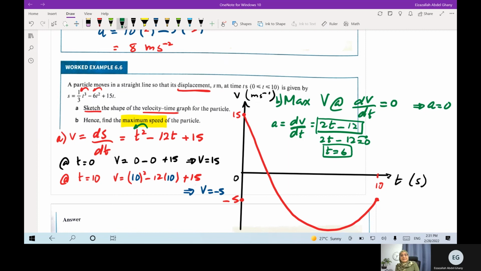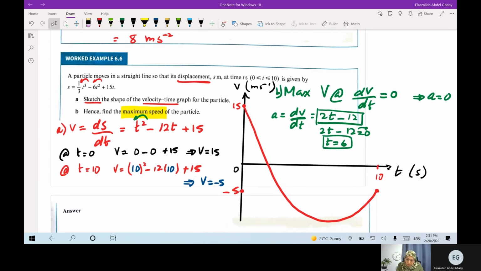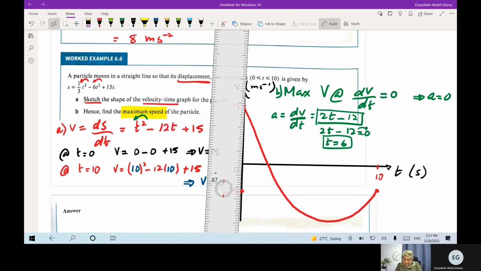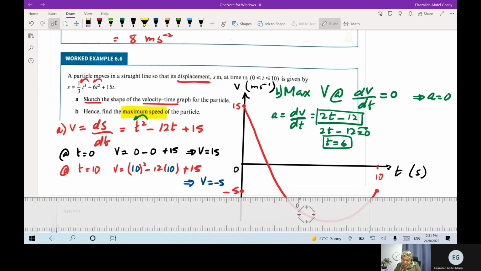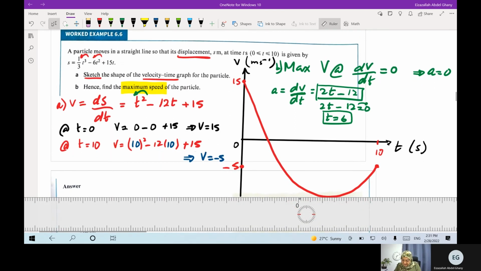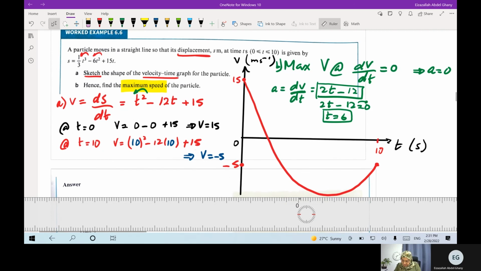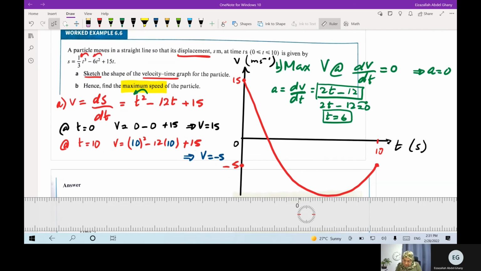So at t equals 6 seconds, we will have maximum velocity. Okay, when you look at this graph, where is the point? Of course, we know that the gradient of the tangent to the curve, especially for quadratic functions, will always be 0 at the vertex.